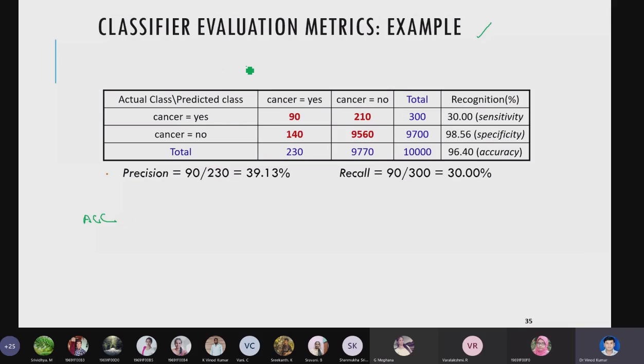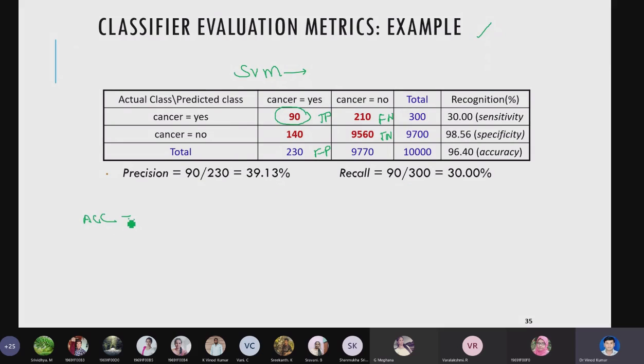Suppose we have used a classification method, say SVM, and SVM has given the number of true positives here, true negatives here, false negatives here, and false positives here. Now it's your turn to find the accuracy.